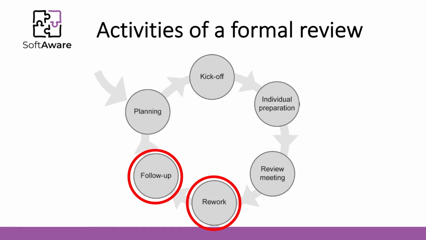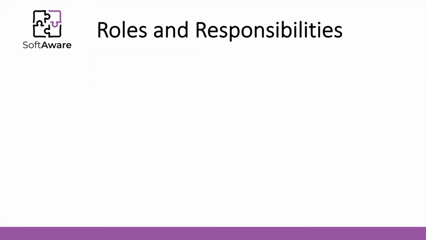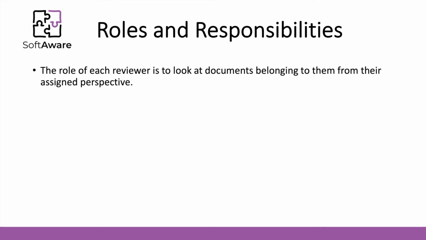It is the author's responsibility to carry out any changes required of the review item. It is all participants' responsibility to suggest any process improvements to the review activity itself and the structure of the review item. The role of each reviewer is to look at documents belonging to them from their assigned perspective.